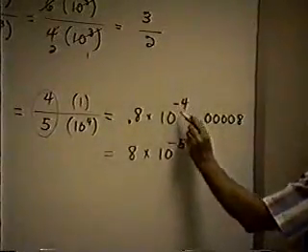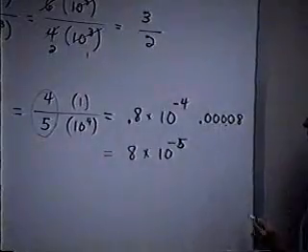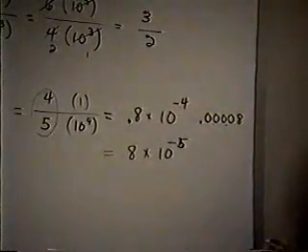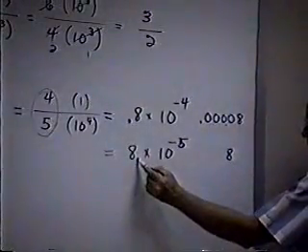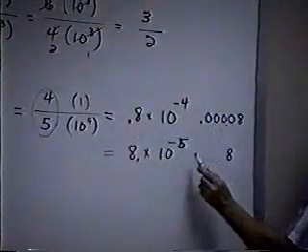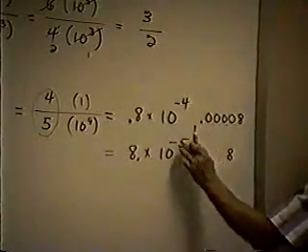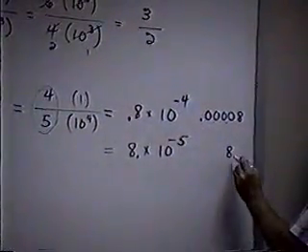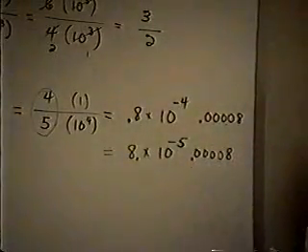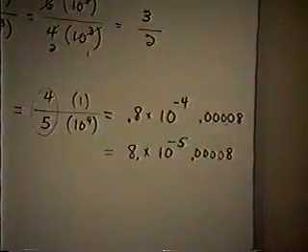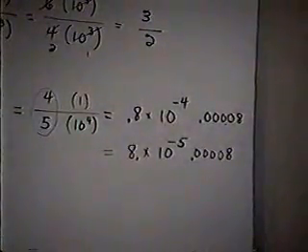I'm moving in 4 places from here. 1, 2, 3, 4. So if I want the 8 here, if I want to start from here and move it to get there, I've got to move it what? 5, not 3. So starting here and going, I get the same answer. All right, this concludes the notation on decimals and scientific notation.